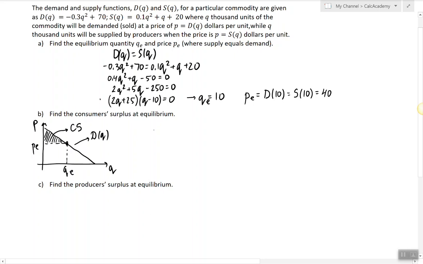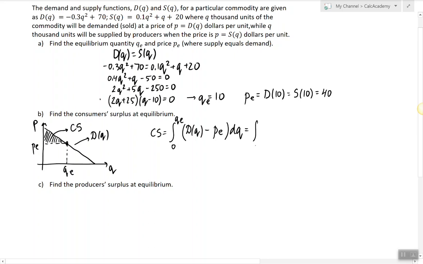So we can easily find this area by setting up the following integral from 0 to QE of d of q minus PE with respect to q.